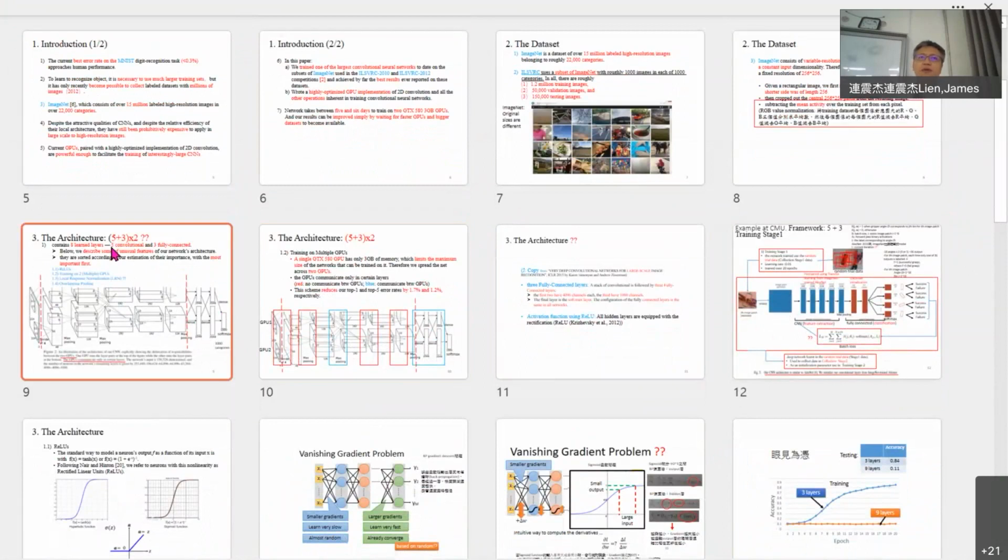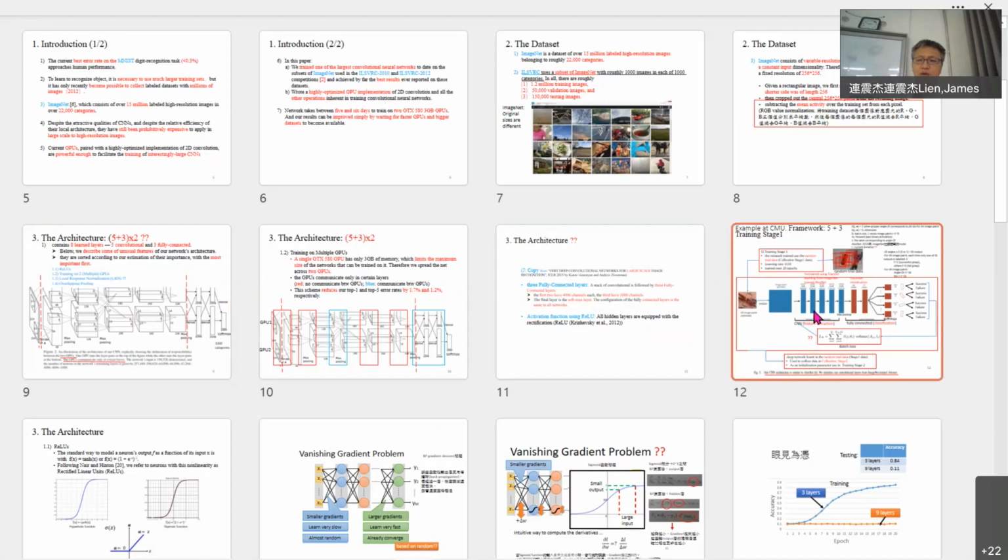We have five convolutional layers, and then we have 3 layers for the classification using an MLP, the regular neural network. So it's the same as LeNet. The difference is LeNet has only two major layers, but here there are 5 major layers.